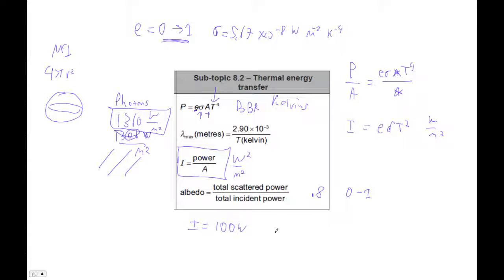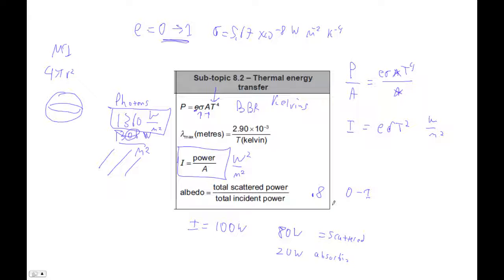Then we are scattering 80 watts, and we are absorbing 20 watts. It's kind of crazy. It's almost the opposite of E, which is sort of weird.